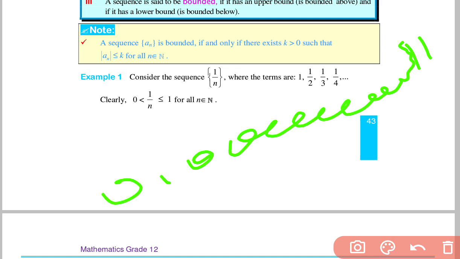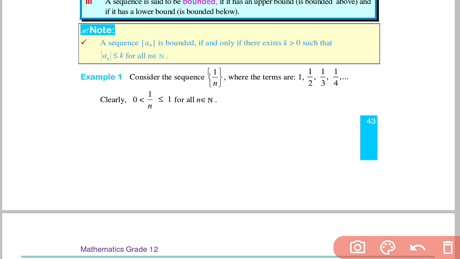It's not 0. Due to this, 0 is excluded, so we use strict inequality there.